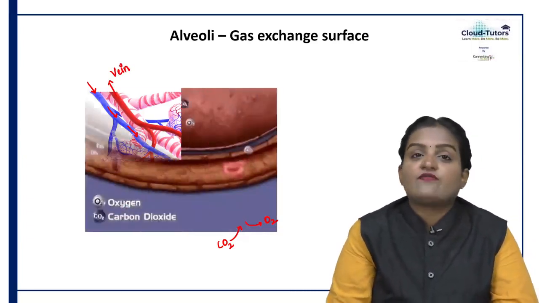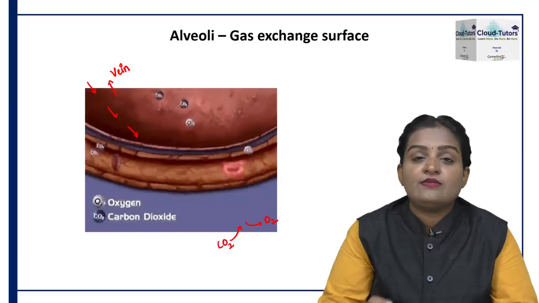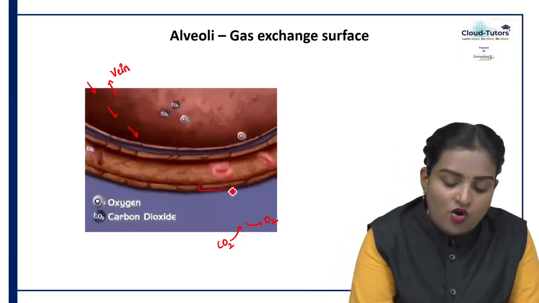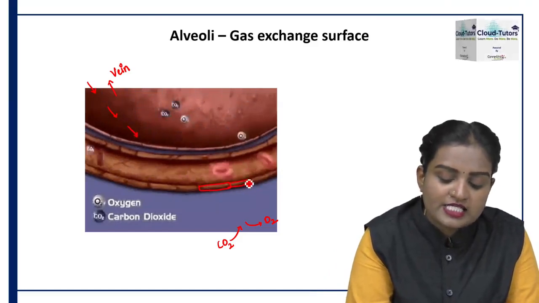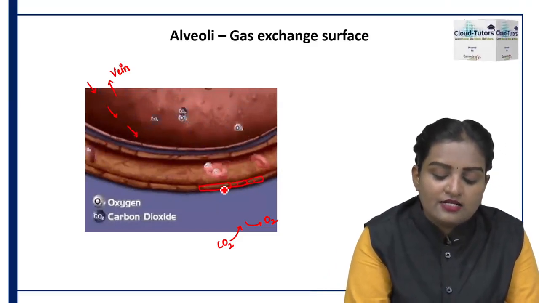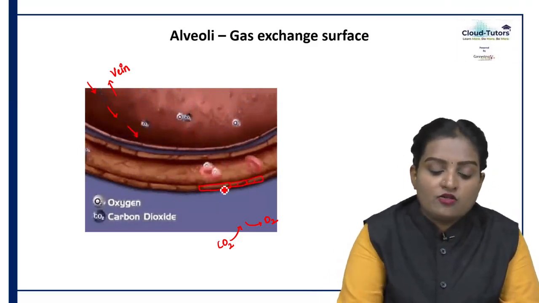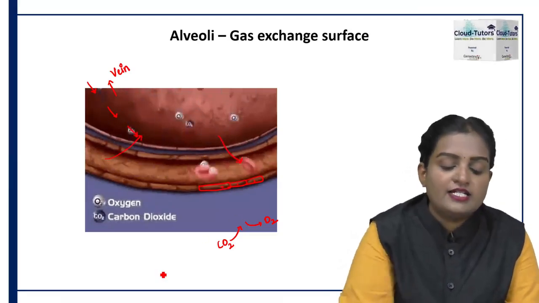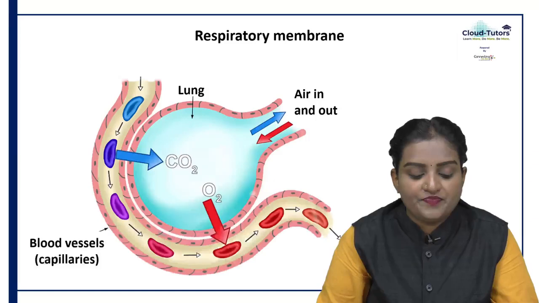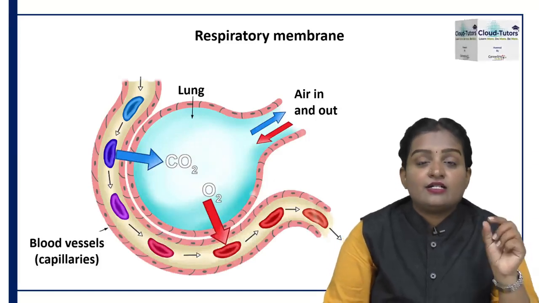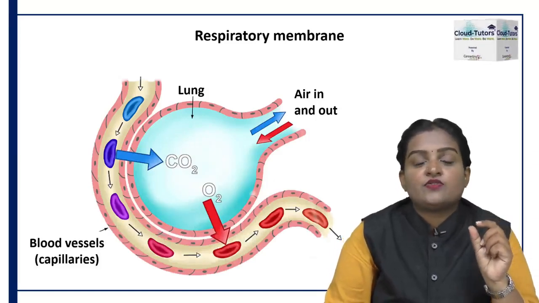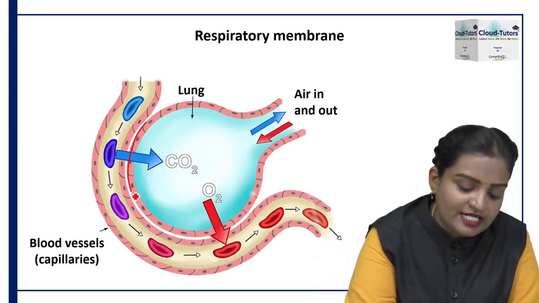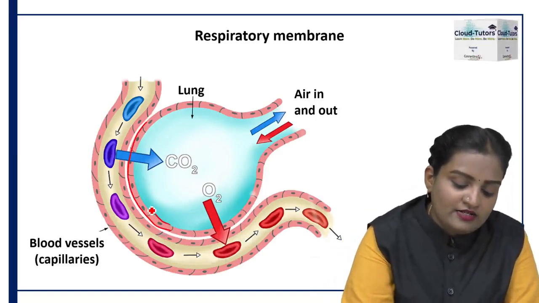Now if we see carefully, the capillaries are the site of gaseous exchange because their wall is made up of a single cell thick layer. So oxygen can easily diffuse into the cell and carbon dioxide can easily diffuse out. Here the diffusion membrane consists of three things only. One is the alveolar membrane, that is this one.